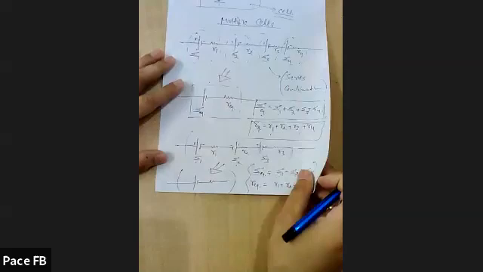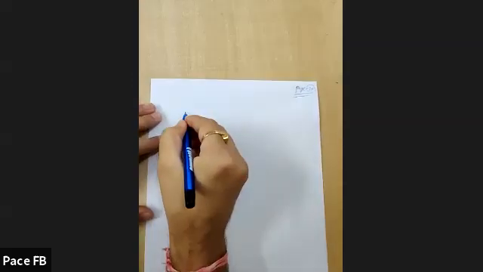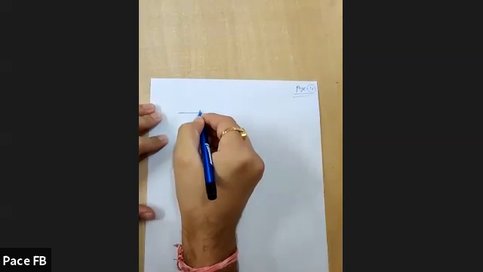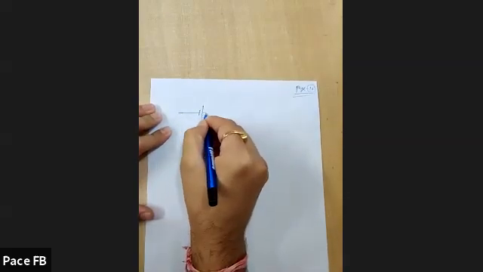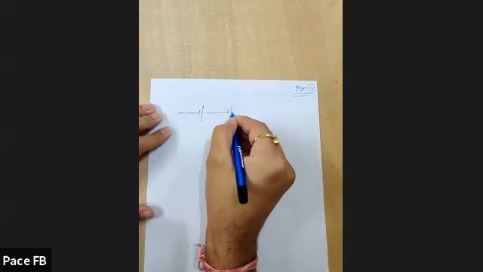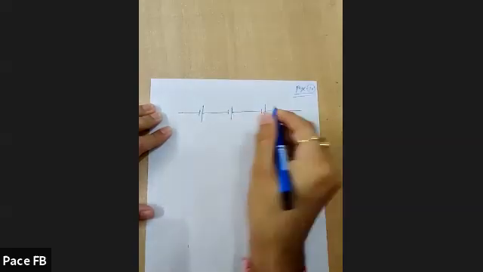Now, those who are asking why does it support and oppose, so let me tell them. See, if I take this is negative, this one is positive, this is negative, this one is positive, and this is negative, and this is positive. Forget about resistances now.